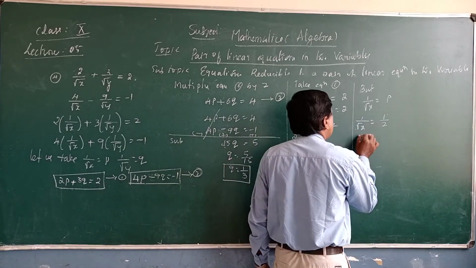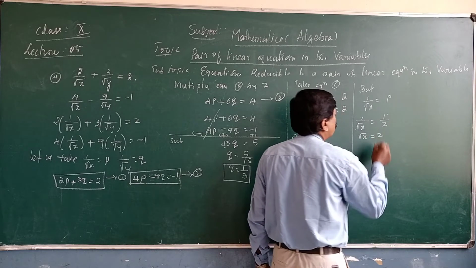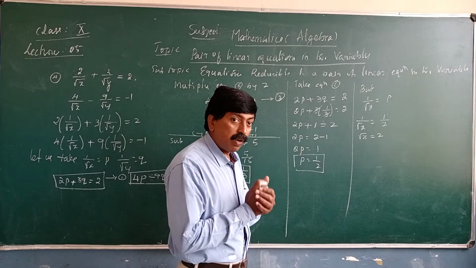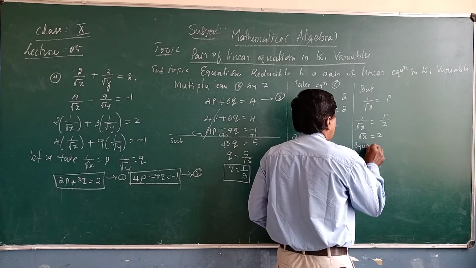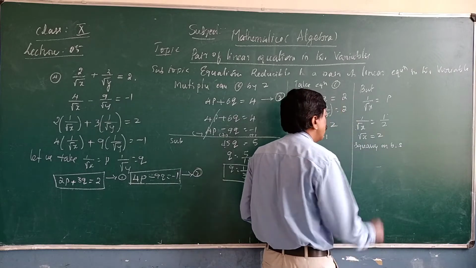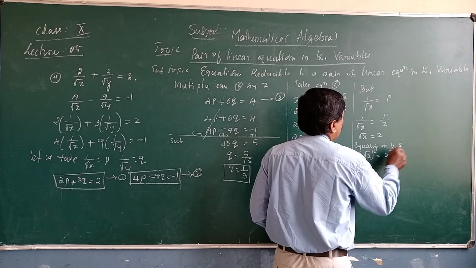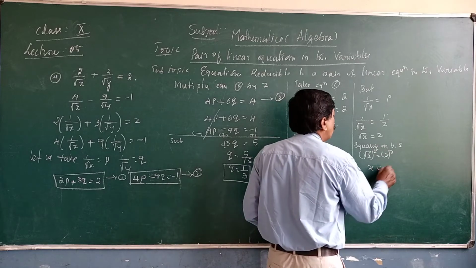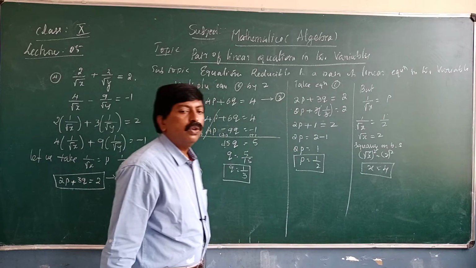Root x into 1 is root x is equal to 1 into 2 is 2. We got the root x value, but we want the x value. What we have to do? Squaring on both sides, the value does not change. Root x whole square is equal to 2 square. The square and root cancel. Therefore, x is equal to 2 square is 4. We got x value 4.